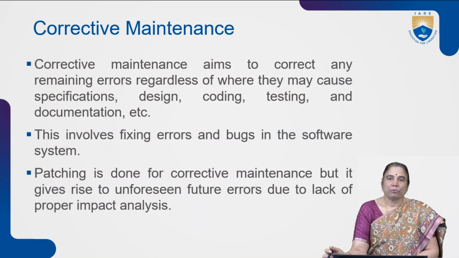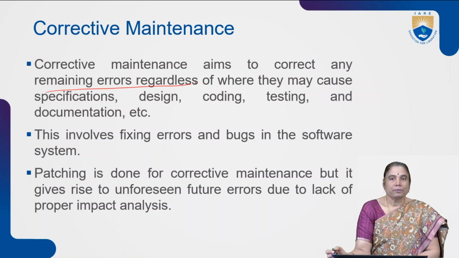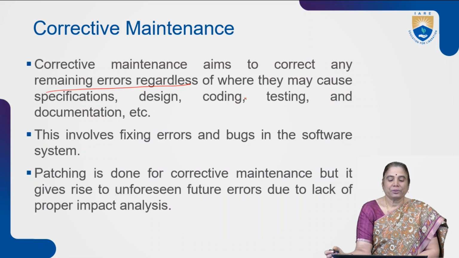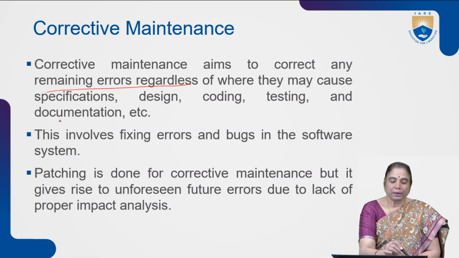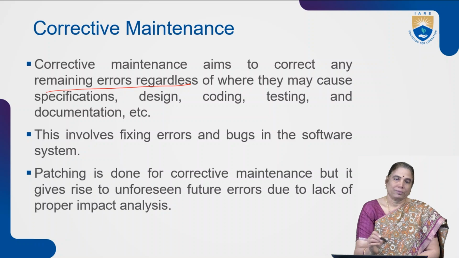What is corrective maintenance? Corrective maintenance aims to correct any remaining errors regardless of where they may arise: specifications, design, coding, testing, and documentation. So this involves fixing errors and bugs in the software system.